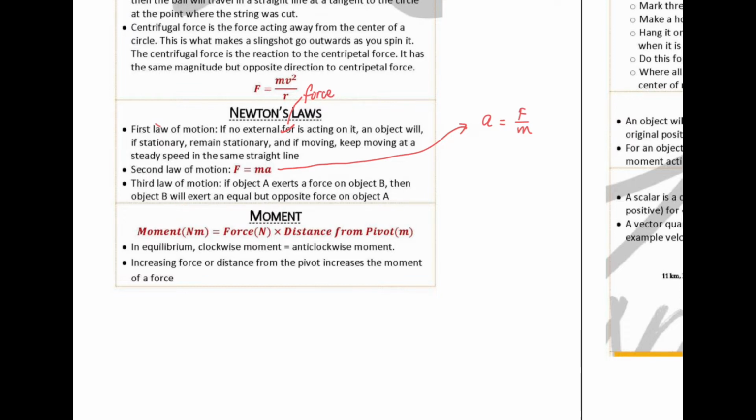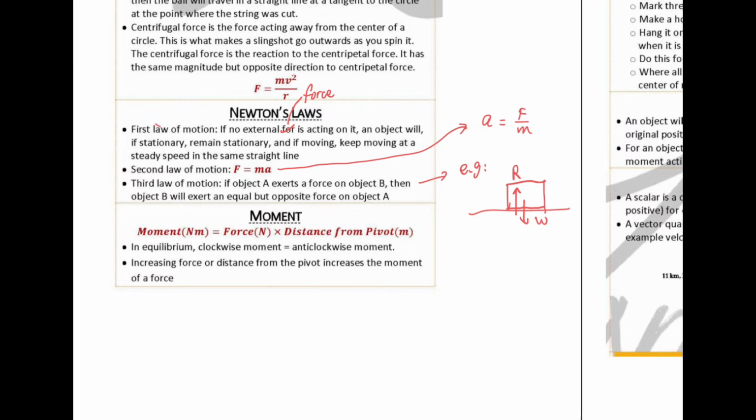An example will be, let's say, you have an object on the ground. The object will exert its weight on the ground, but the ground will exert a normal reaction on the object, and because of that the object will remain stationary on the ground.